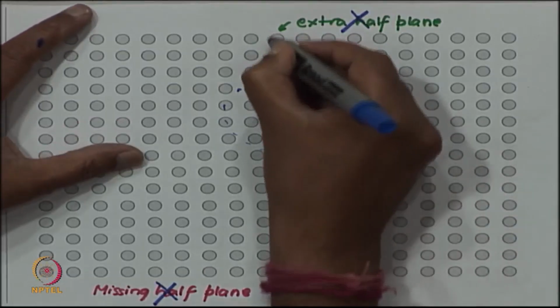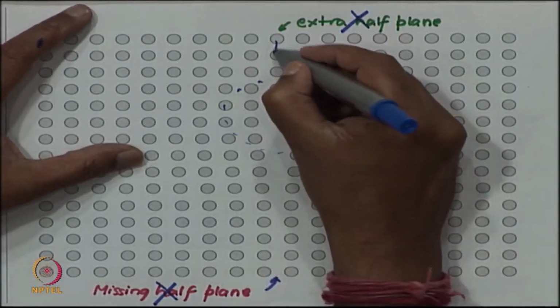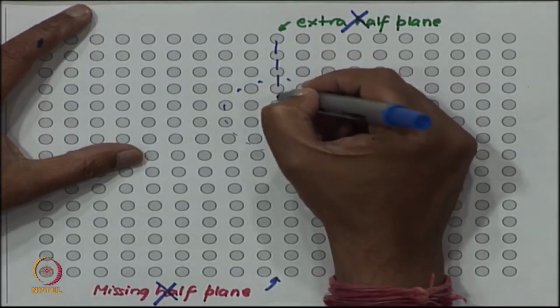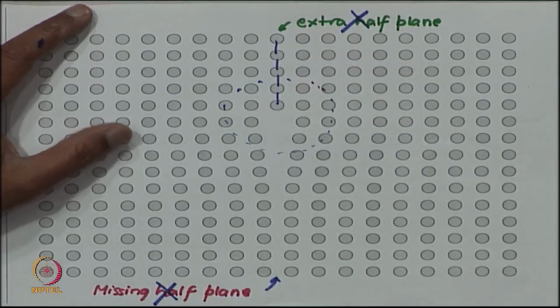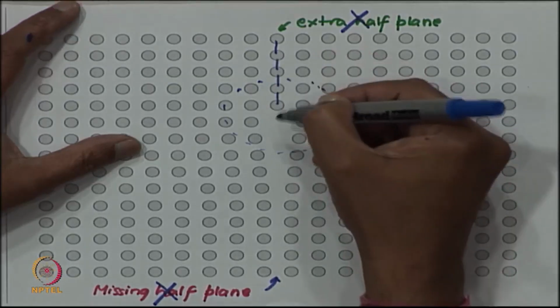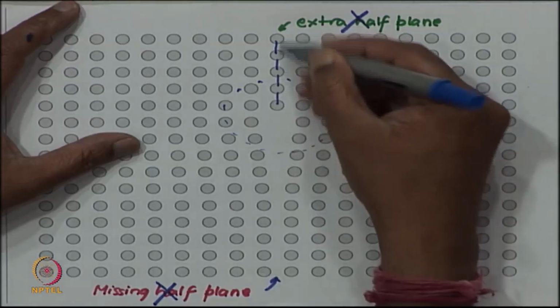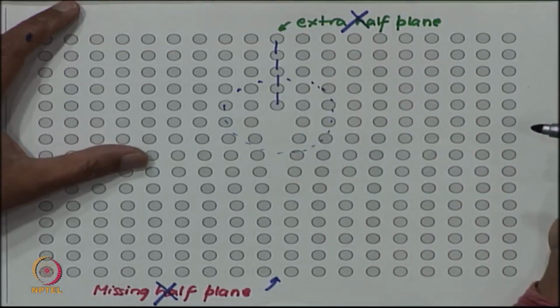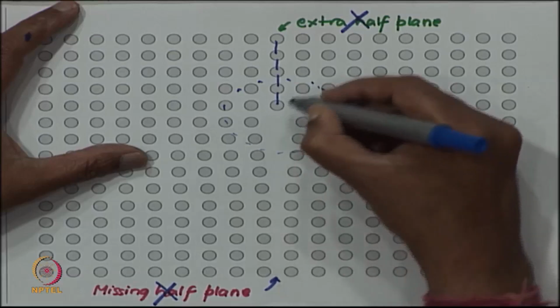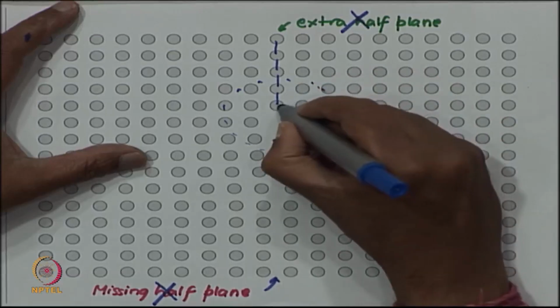where this plane, our so called extra half plane, has suddenly and abruptly ended. So, it is the abrupt ending of this half plane which is creating a problem and not the whole plane itself. So, the defect is only at the bottom edge.